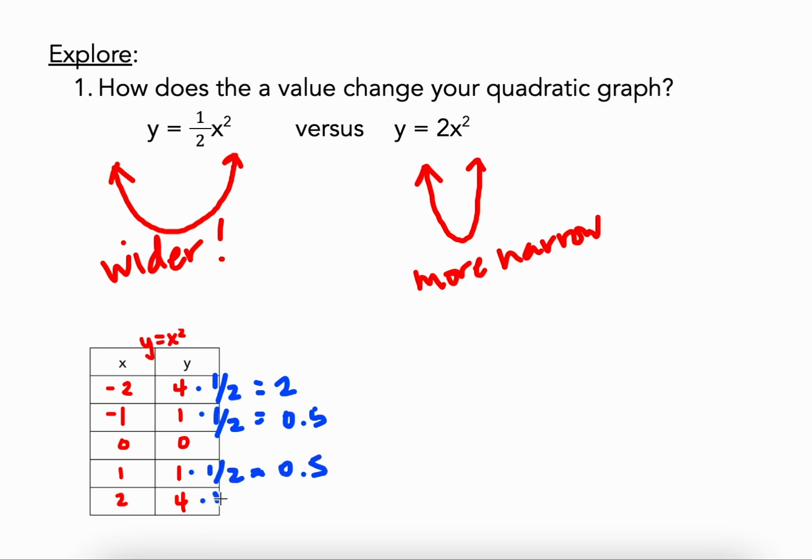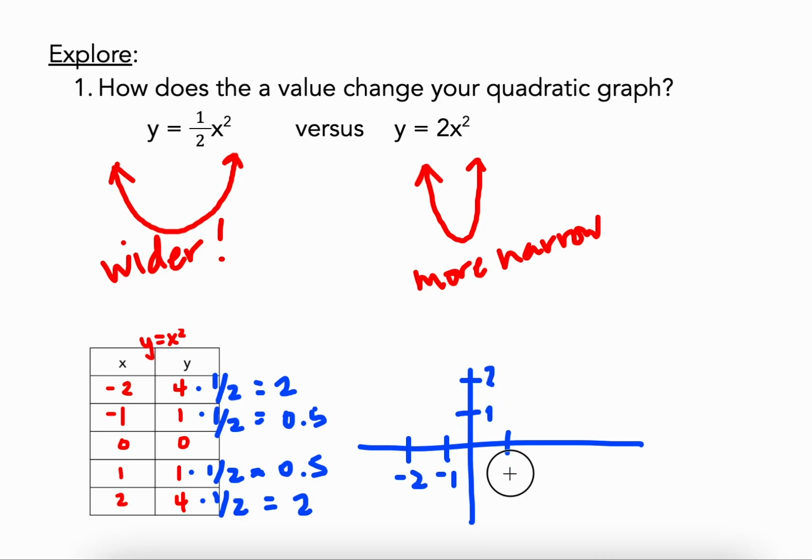Remember, these are just going to repeat, right? Okay, so it looks like instead of going from 4 down to 1, and then up to 1 and back to 4 again, we now have a 2, -2, and a +2. Just going to go ahead and sketch it real quick.